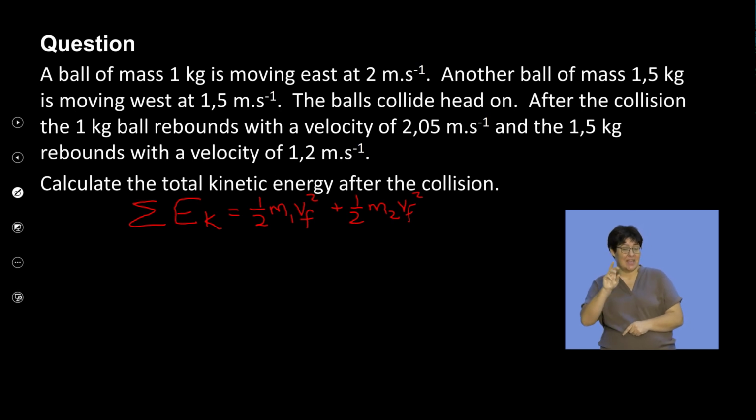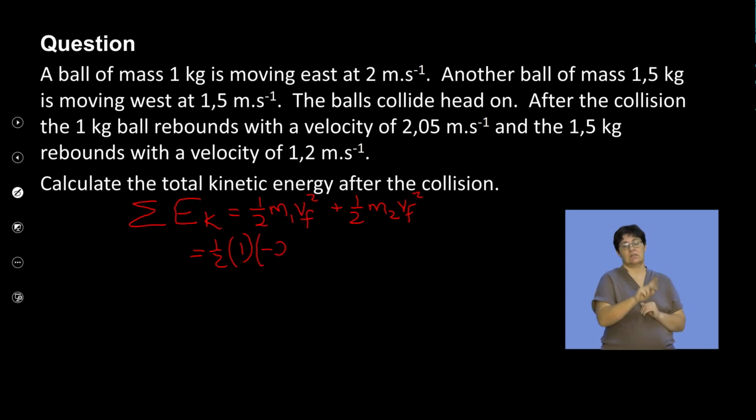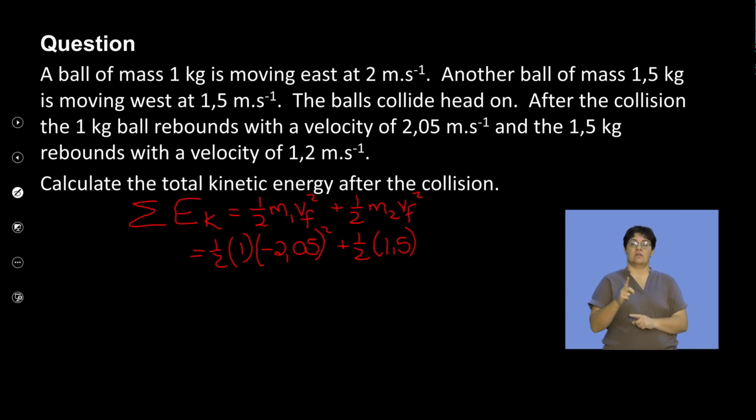So that means I've got a half, and the first ball was 1 kilogram, and now after the collision, it's going at minus 2.05. Remember, it changed direction. Then we have a half, 1.5, and now this is going at 1.2, and it's squared.